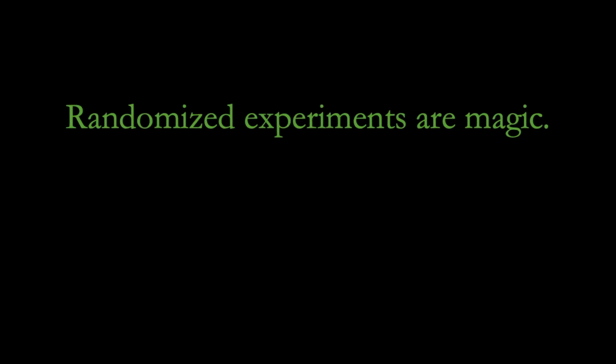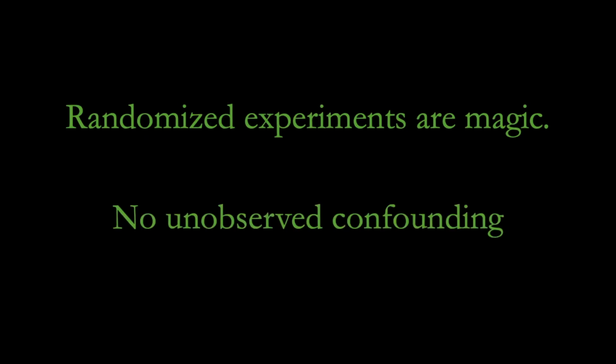This is a problem we'll always have to deal with in observational studies when we only have observational data. But randomized experiments are different. Randomized experiments are magic because they make it so that we have no unobserved confounding. Another way of saying this is that we have unconfoundedness, or we know that the backdoor criterion is satisfied.